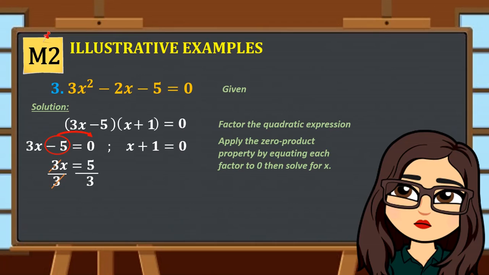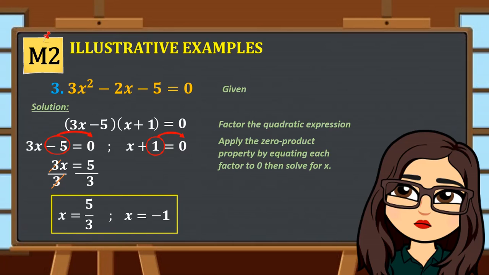So cancel 3 on the numerator and denominator. So the first value of x is 5 over 3. Then for x plus 1 equals 0, transpose positive 1 to the right side. Positive will become negative. So the two values of x are 5 over 3 and negative 1.